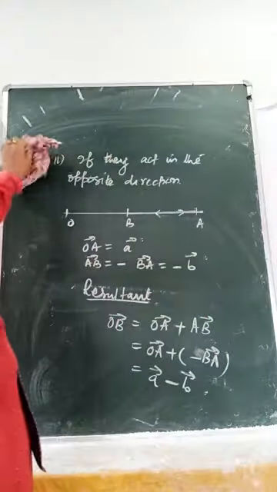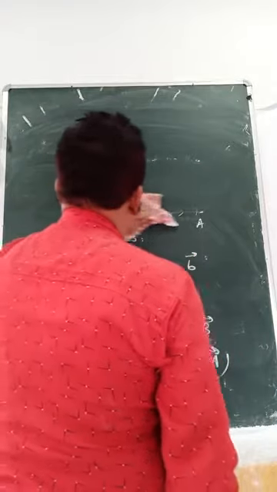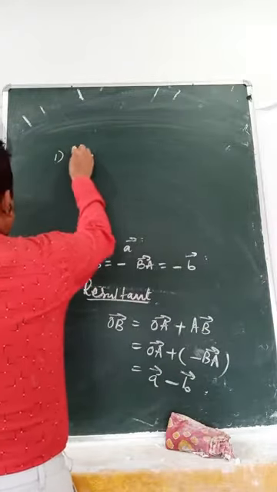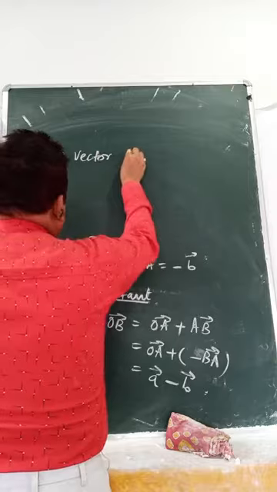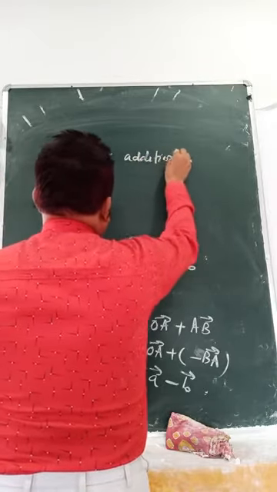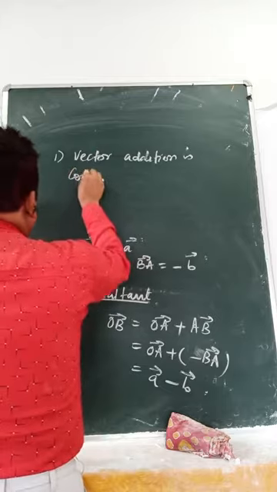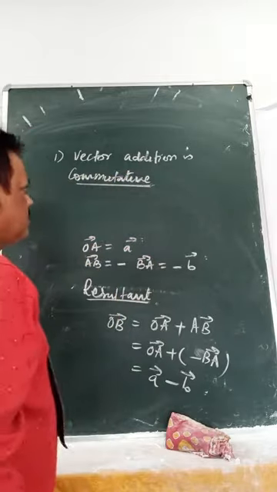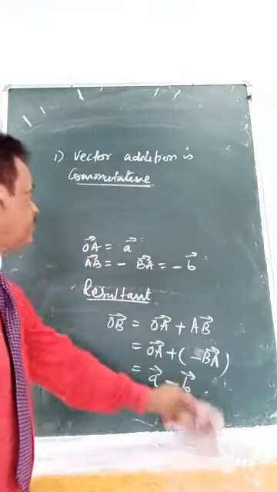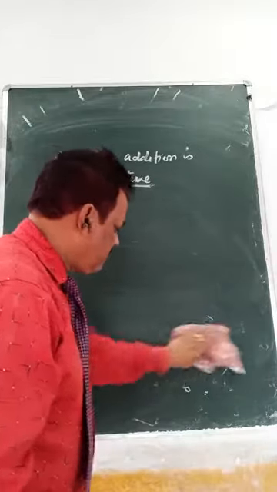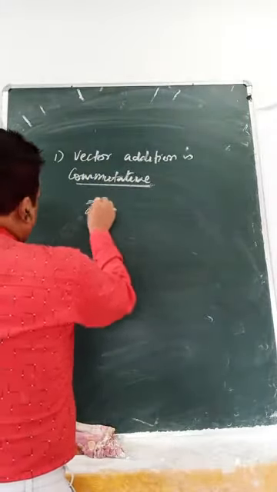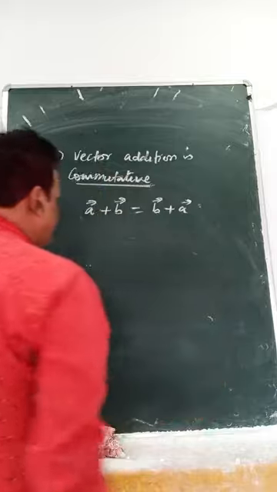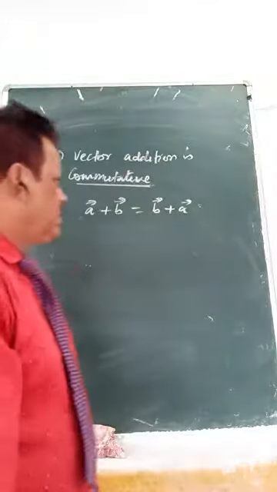Now, vector addition is commutative. Commutative means you have to prove A vector plus B vector equals B vector plus A vector. How to prove it? Look here.